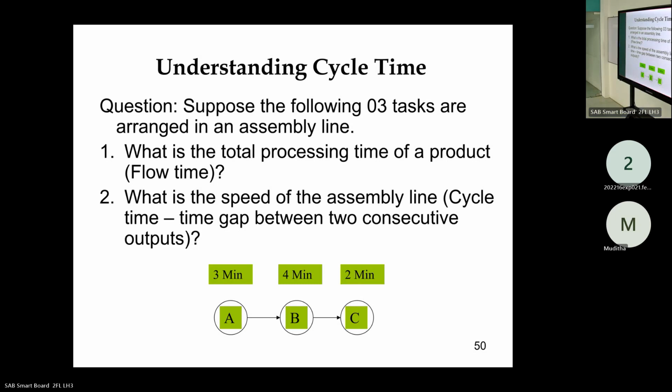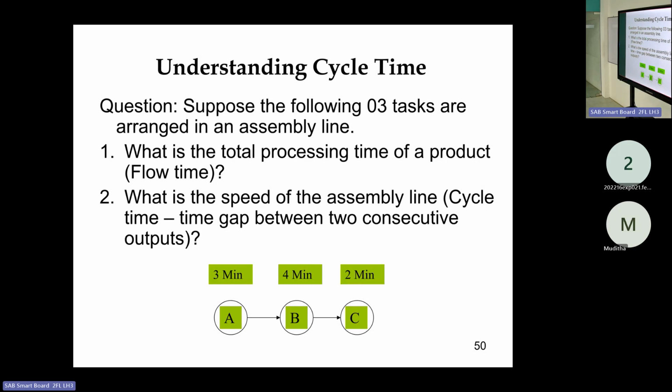So what is your answer? What would be the speed of this assembly line? I think 4 minutes. We got that answer from one of your friends, and there is another one believing. Anyone else?